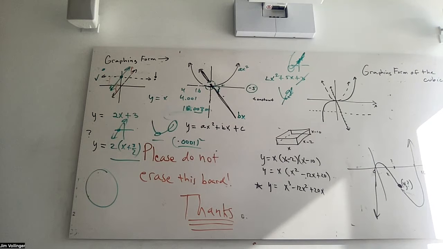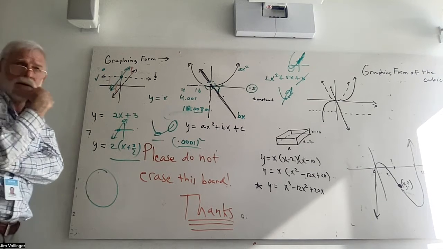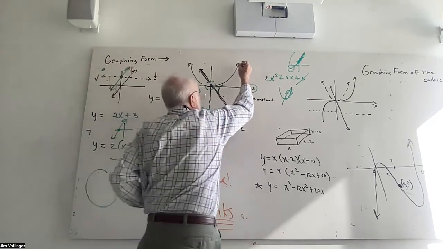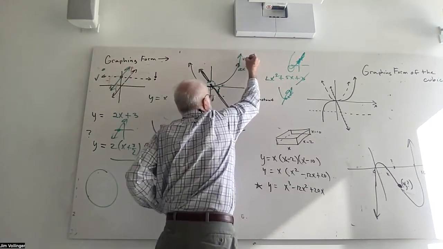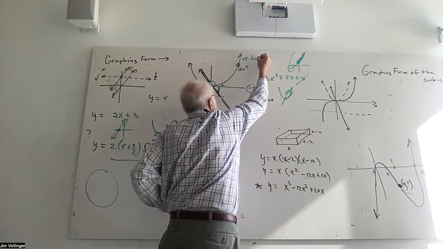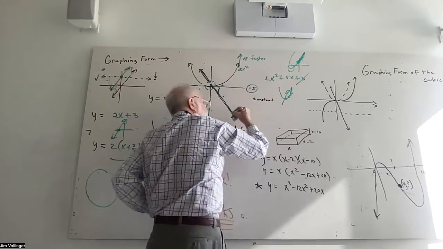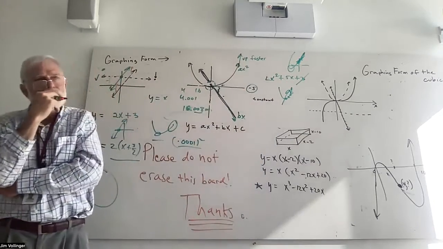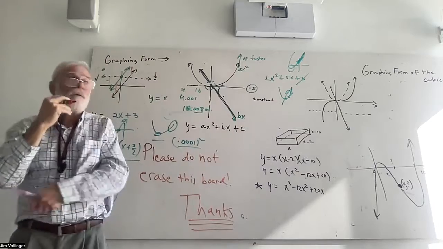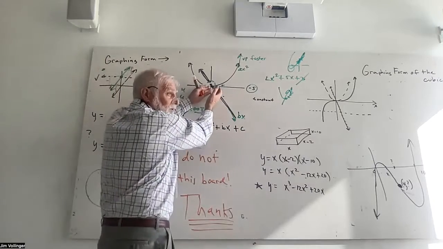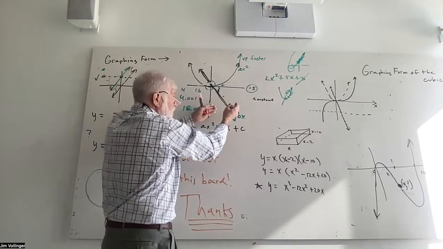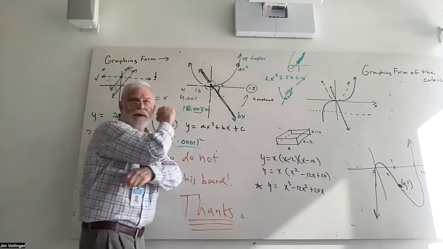Hope you see the negative. But at some point, I'm going up a lot faster. I'm pulling up a lot faster than I'm pulling down. So this function is going down, but eventually it's going to go back up again.